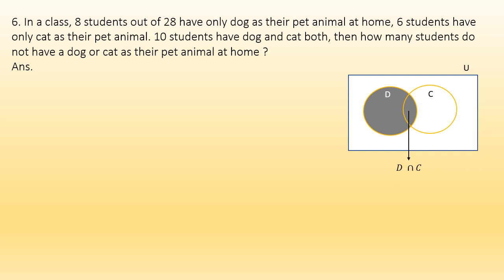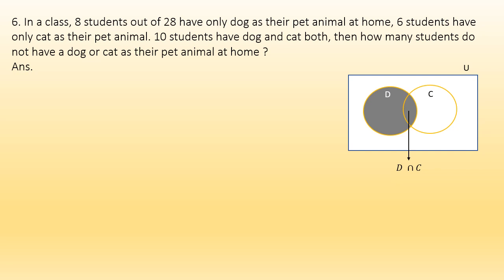So again, the rectangle appears as the universal set, and there are two circles which denote each set, and the common part, which is D intersection C, is in between the two circles. That is the common part.